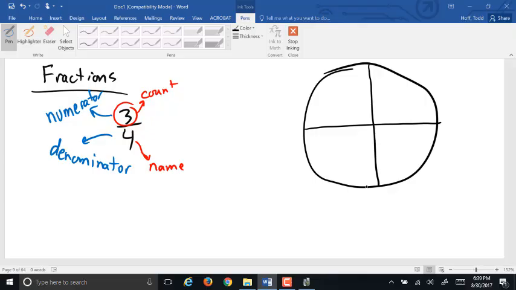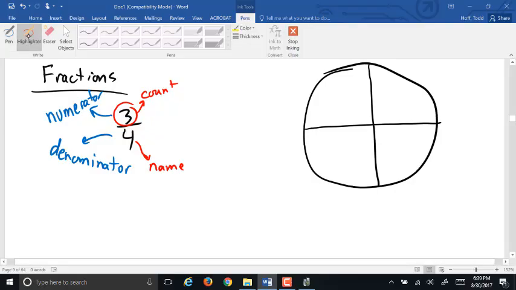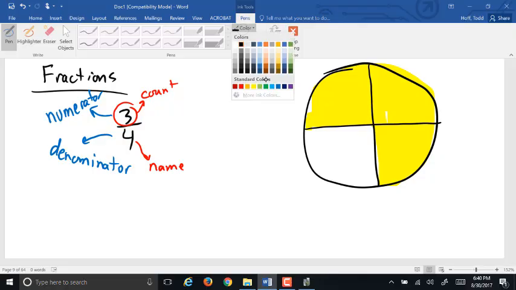Or another way of looking at it is it takes 4 of these pieces to make one whole object. The 3 then, that numerator or our count, is saying that we have 3 of those pieces. I can't color within the lines either. So at least I'm consistent.